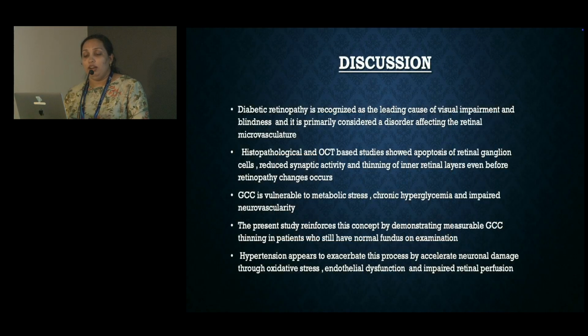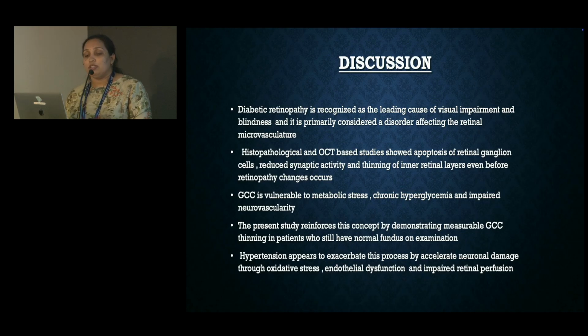Then the discussion. Diabetic retinopathy is recognized as the leading cause of visual impairment and blindness, and it is primarily considered a disorder affecting the retinal microvasculature. Histopathological and OCT based studies showed apoptosis of retinal ganglion cells, reduced synaptic activity and thinning of inner retinal layers even before retinopathy changes occur.